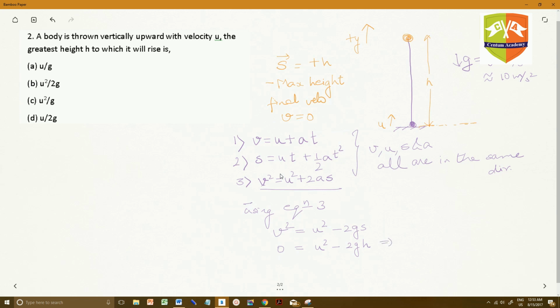Since everything is in variables, we need not mention the unit. This implies 2gh is equal to u square, so h will be equal to u square upon 2g. So this is the final answer, which happens to be option B.